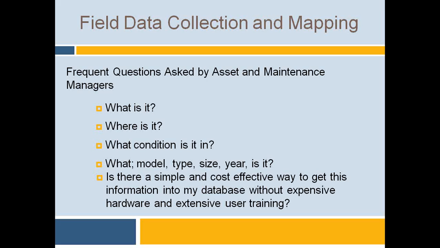So you can have a series of drop-down lists that give you different choices of attribute values to determine the condition. You use these same attributes to put in the model number, the type, the size, the year, any of that information associated. So then it becomes, okay, now we know what we want to get out of this. How do we do it?